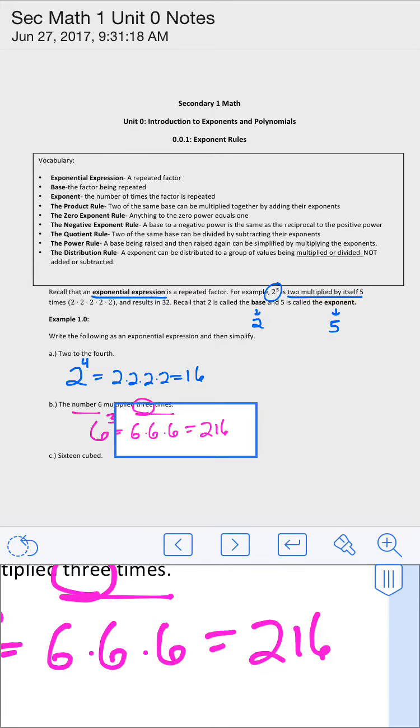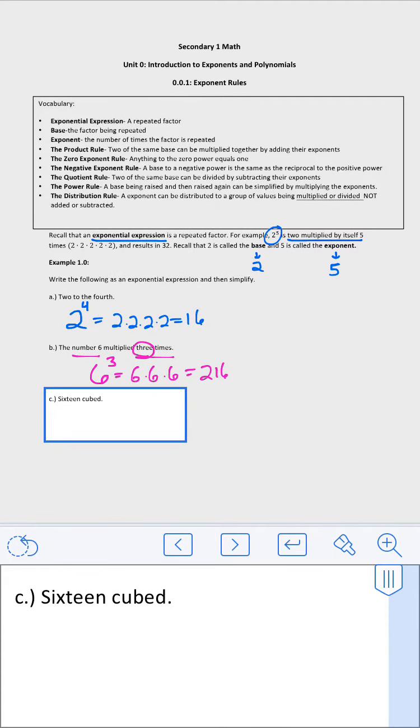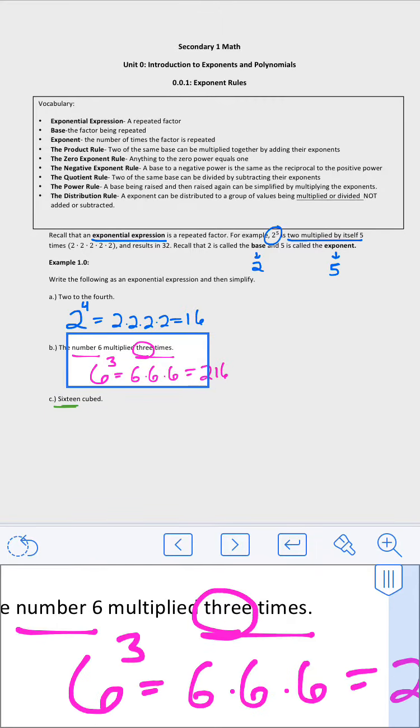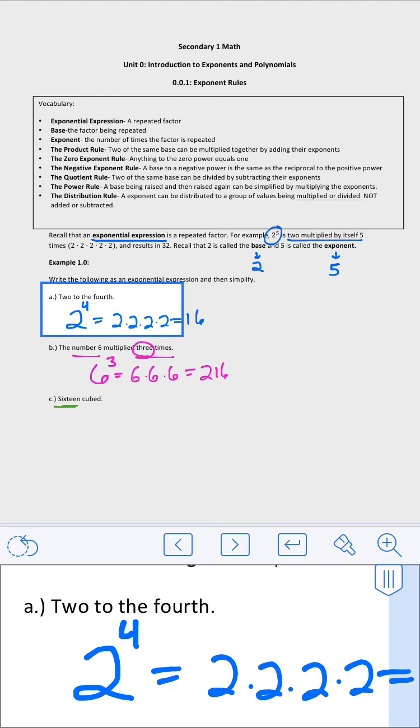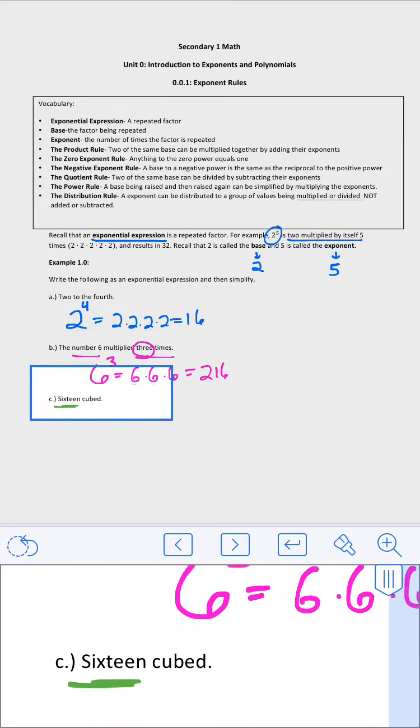Fabulous. Let's do one more. 16 cubed. You'll see this number a lot. Sometimes if you don't want to say twice or 3 times or something like that, we come up with a special name. This one is cubed, which means 3 times. So 16 is still our base. It looks like they're usually telling us what to square or what to take to the power first, right? So our base is usually listed first.